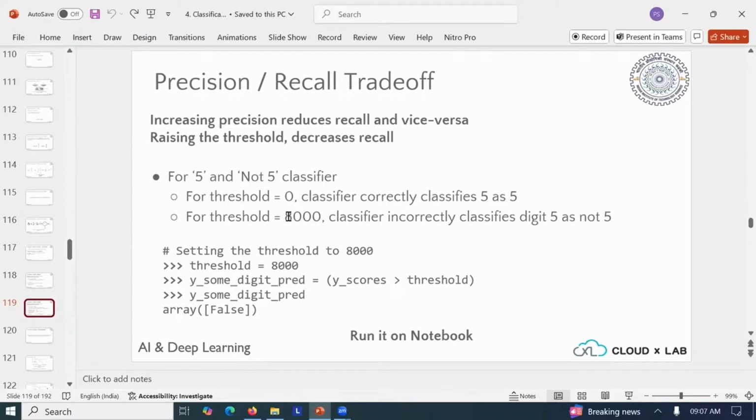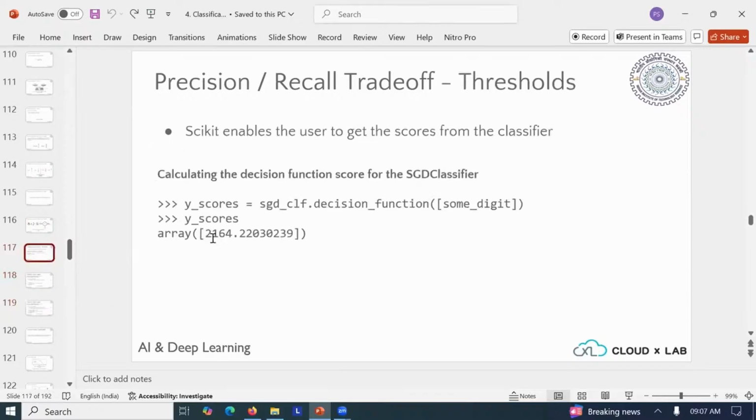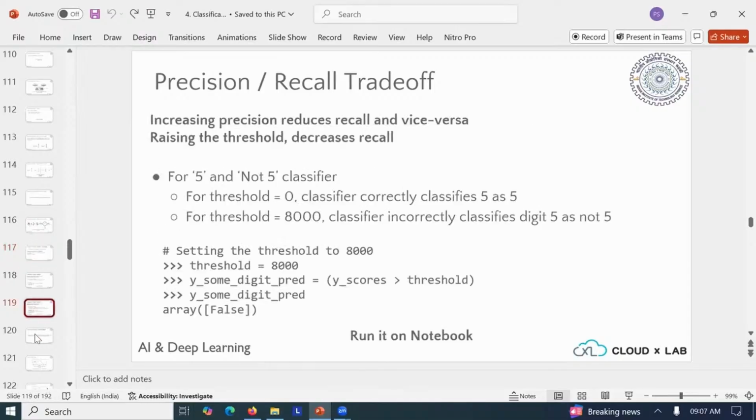So let's say the threshold is 8,000. For the same example, now it will predict false. Earlier, for the threshold 0, since this score is greater than 0, the model was predicting true. But if the threshold is 8,000, this score is not greater than 8,000, which means now the model is predicting false, right? So if you increase this threshold, some 5 cases will be classified as not 5, right?